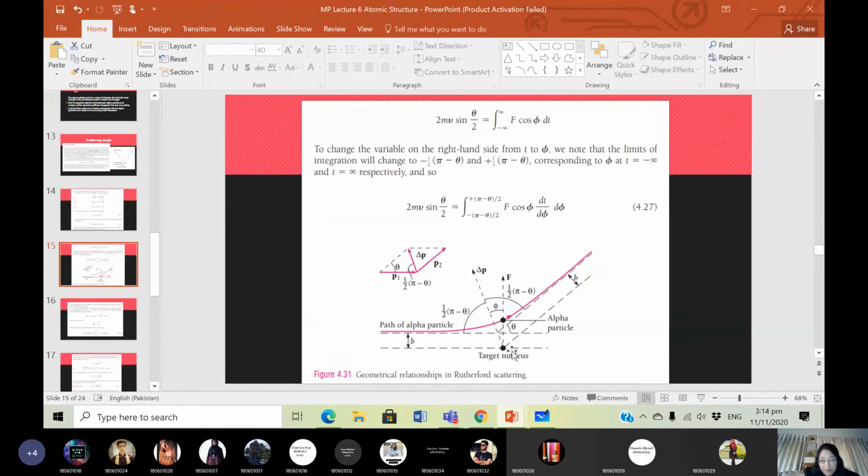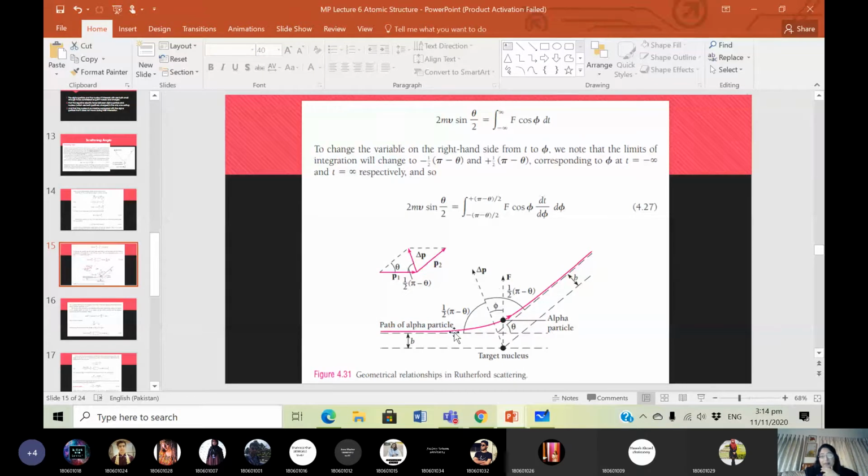So, for example, if we have the nucleus over here, okay? Here we have the path of a particle, it is going like this, okay? So we define this theta here as this angle. We define theta as the angle between the incident path and the scattered path, right? So this is our theta. And then the remaining angle, we divide into 2 parts.